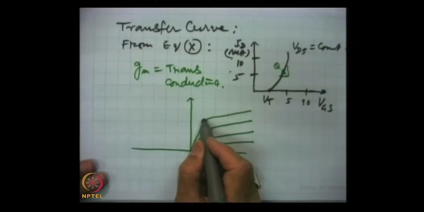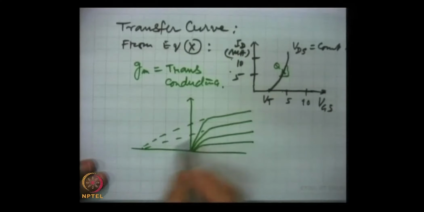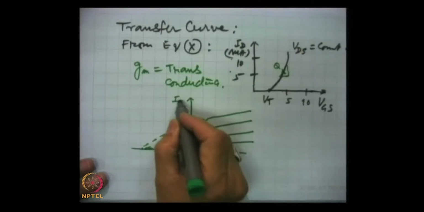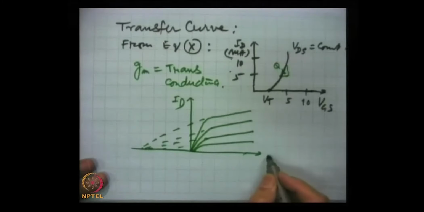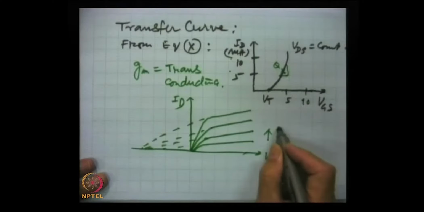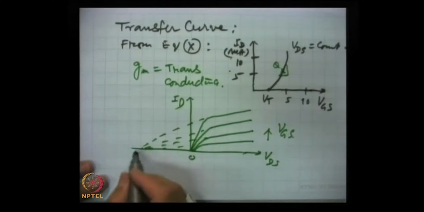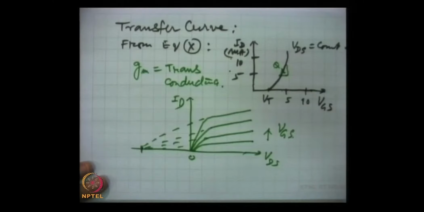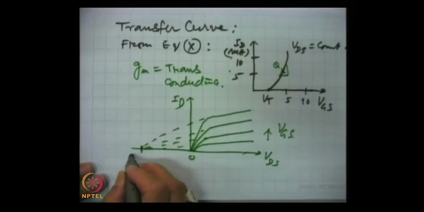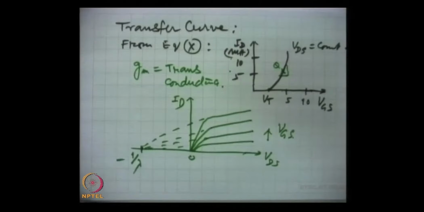When we extend these lines back, this is the drain current, this is VDS, this is VGS, this is 0, then this cuts the VDS axis on the negative side at minus 1 by lambda.